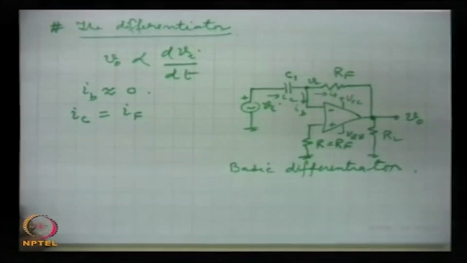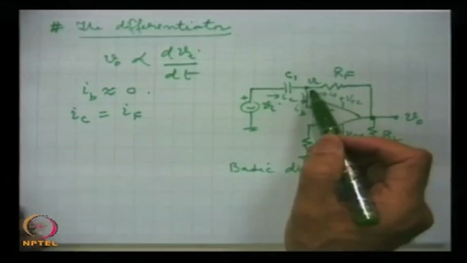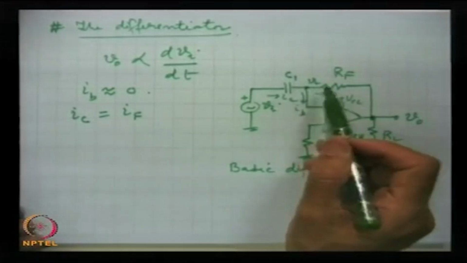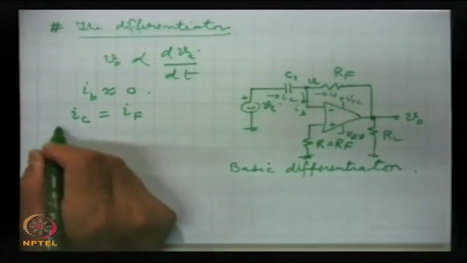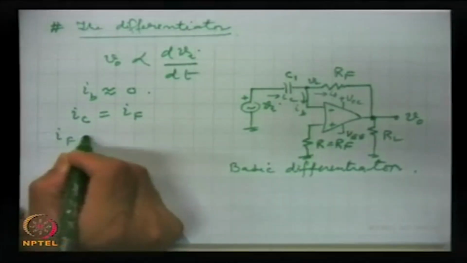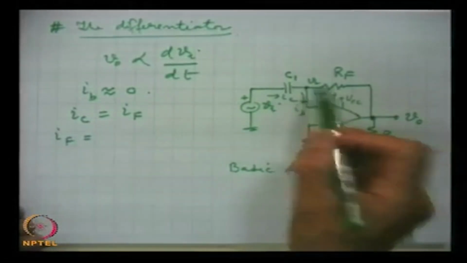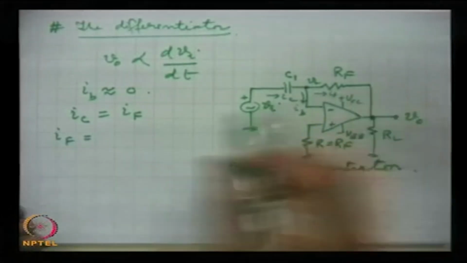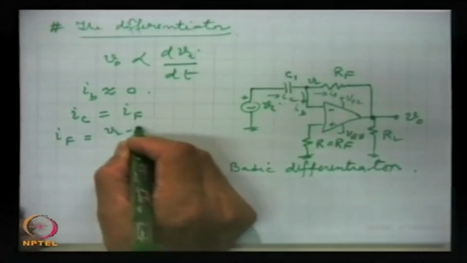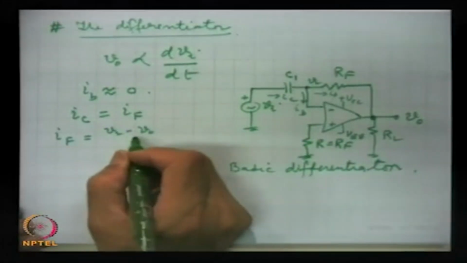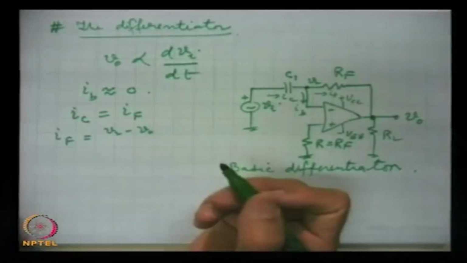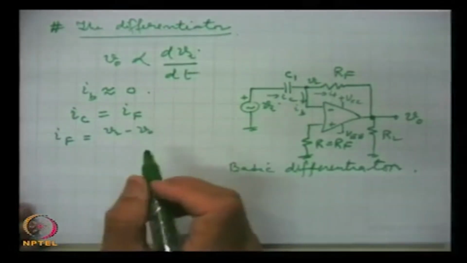And how much is IF? IF, this current, with 2 voltages, this is V2 and this is V0. So, IF is V2 minus V0 by RF.